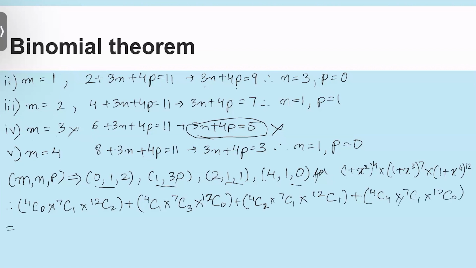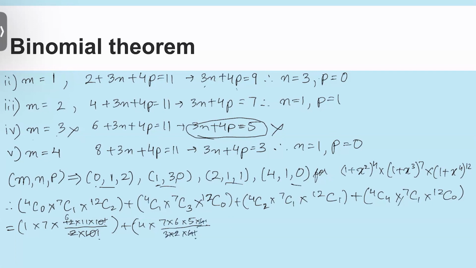Now this will be equal to 1 multiplied by 7 multiplied by 12 into 11 into 10 factorial upon 2 into 10 factorial. So this 10 gets cancelled, and this is 66. Then the next one would be 4 into 7 into 6 into 5 upon 4 factorial, and this is 3 into 2 into 4 factorial.